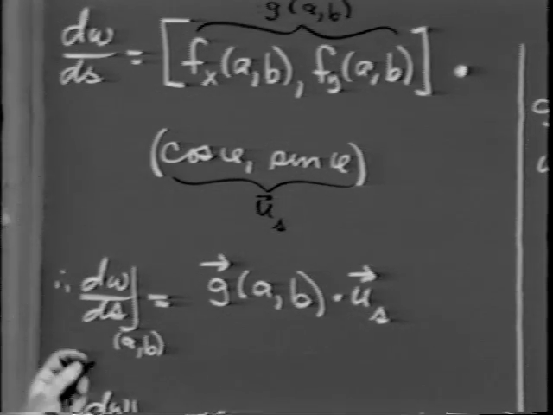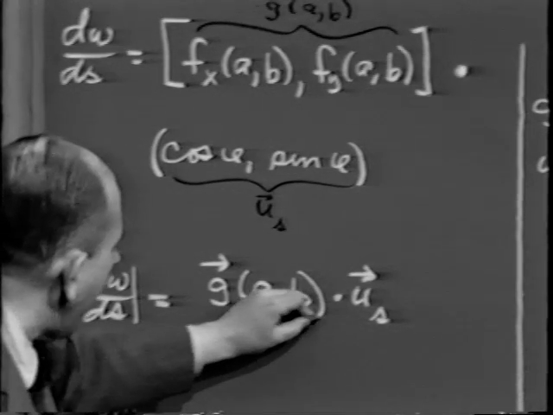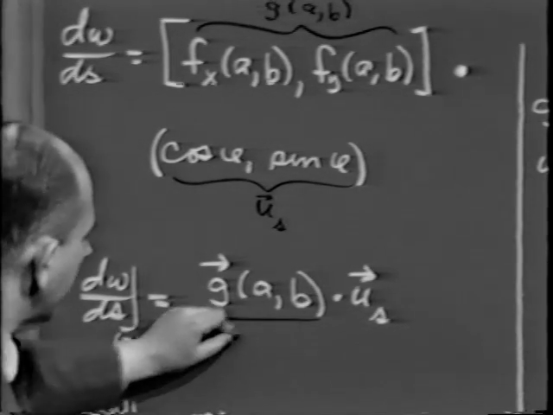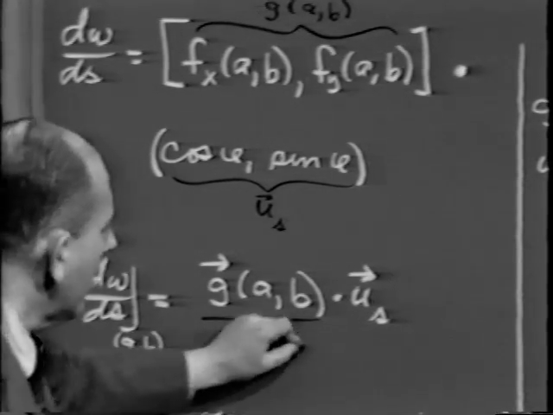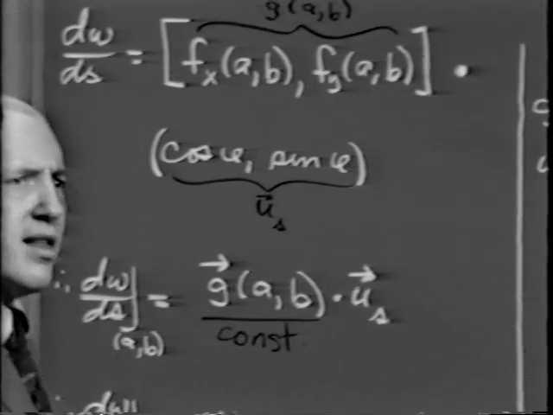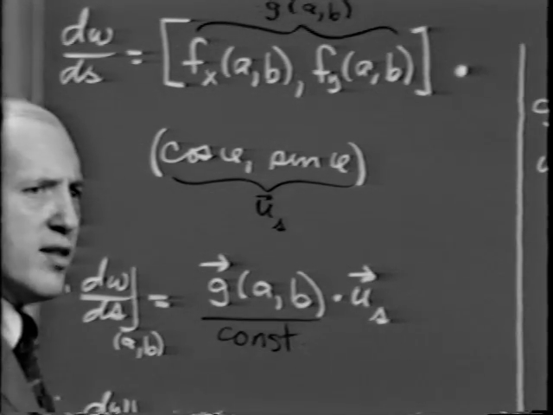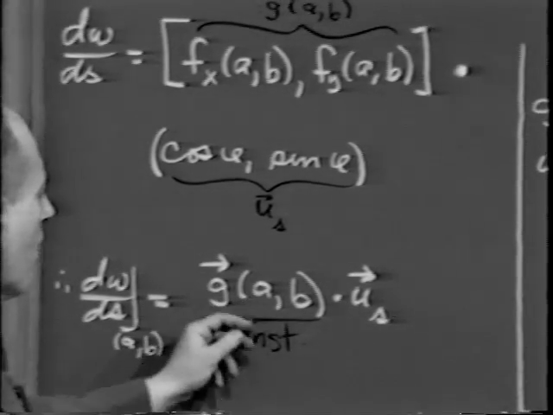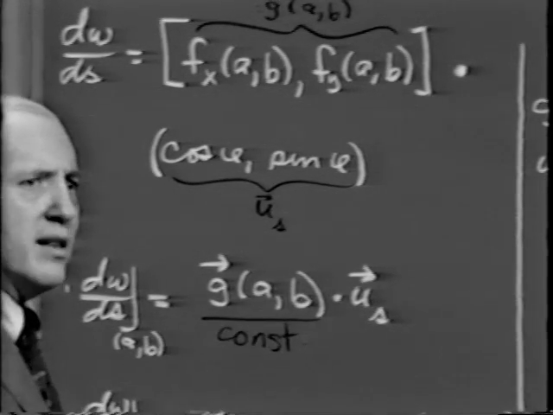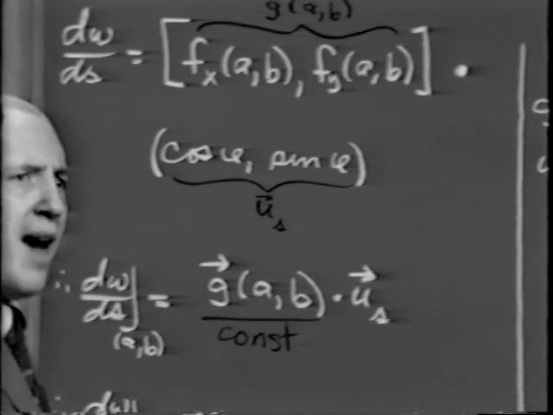Now observe two things. First of all, when you dot, this is a constant. I can't change this once a and b are given. This is fixed. So all I can vary is u sub s. But u sub s is a unit vector, so the only way I can vary u sub s is to change its direction. Notice that for two vectors of constant magnitude, their dot product is maximum when the two vectors are parallel.